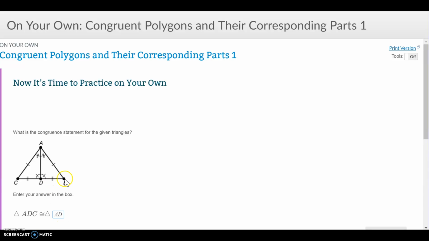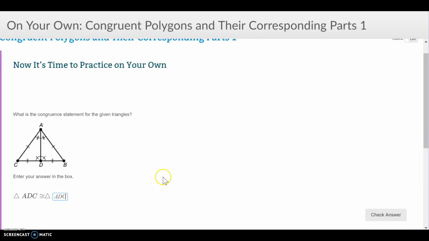And then B here is corresponding with C. So let's check and see if we're right.